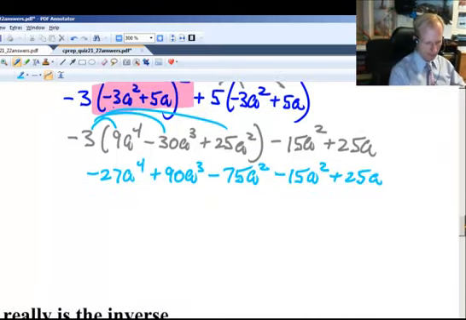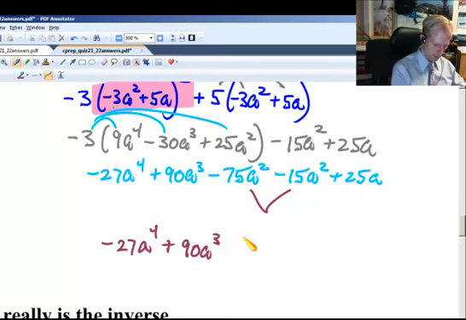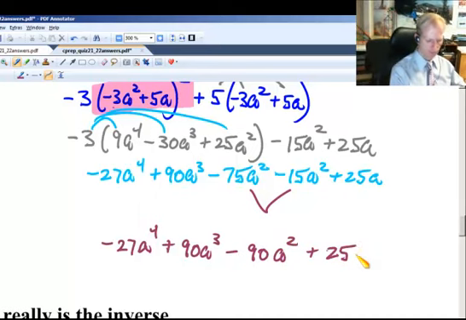And lastly, I'm going to combine like terms. I can combine those two. So my final result is this. It's 25a. And, oops, I'm all set.